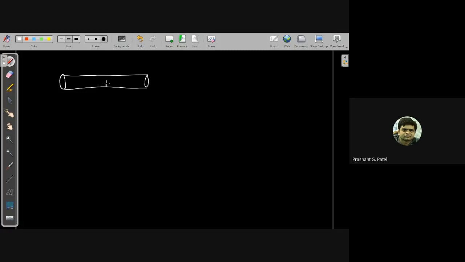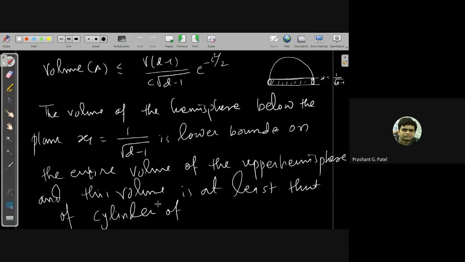The height, that means from here to there, how much distance will there be. That is this distance we are talking about. And what will the radius be? So a cylinder of height, what should the height be?